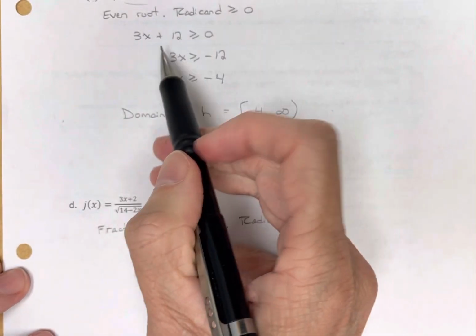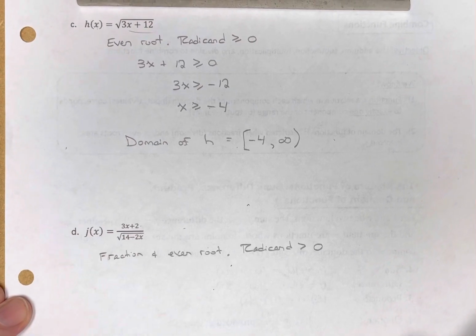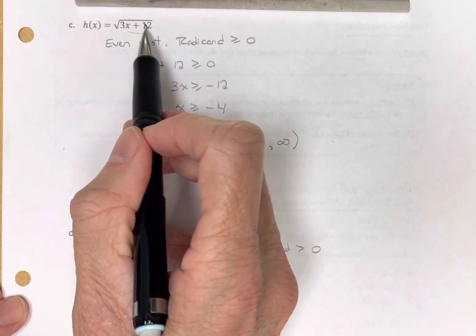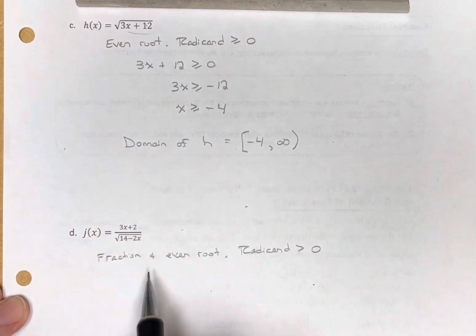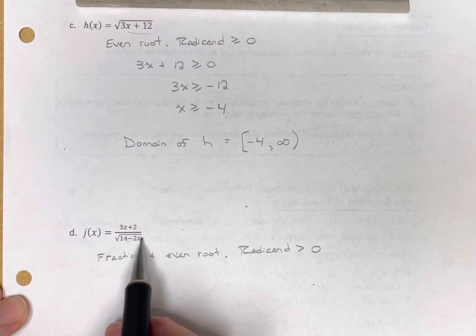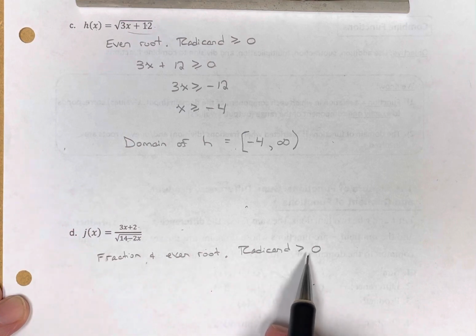In this case, we had only an even radical, and it was not in the denominator, so we could equal 0. In this case, the radical's in the denominator. So not only does what's underneath the radical here need to be greater than 0, it can't be 0.